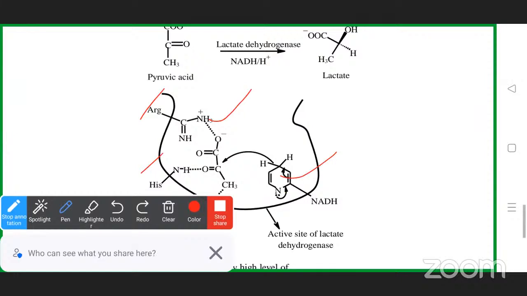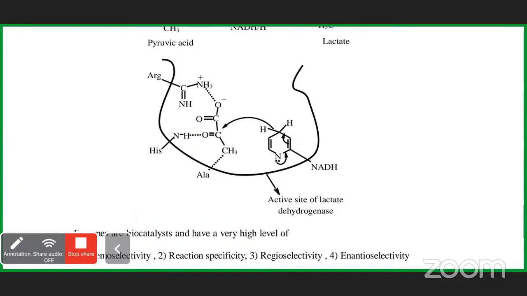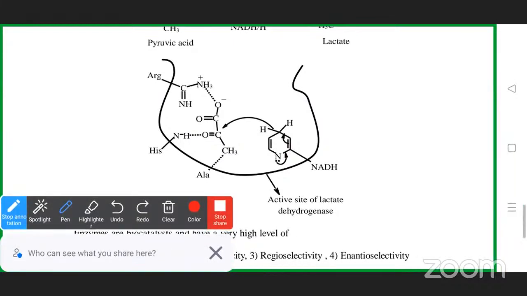In this lactate dehydrogenase enzyme, the active site facilitates the occupying or the insertion of your pyruvic acid, and this pyruvic acid is forming various interactions with the amino acid residues. See here.